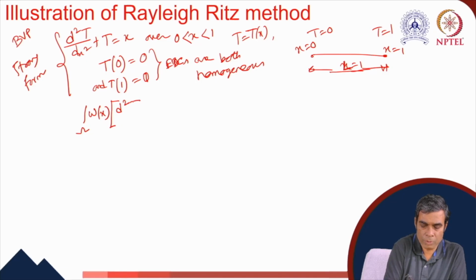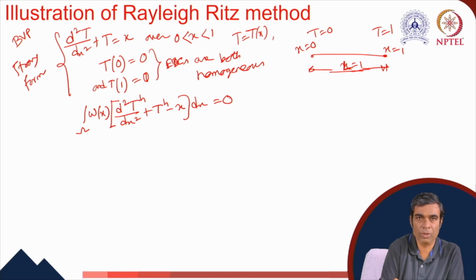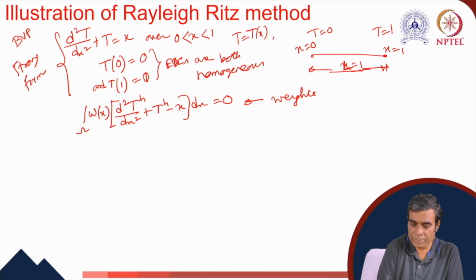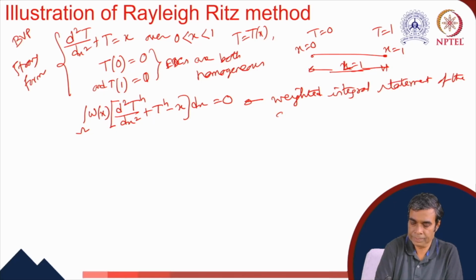So d2Th/dx2 plus Th minus x dx equals 0. This is the weighted integral statement of the given strong form.